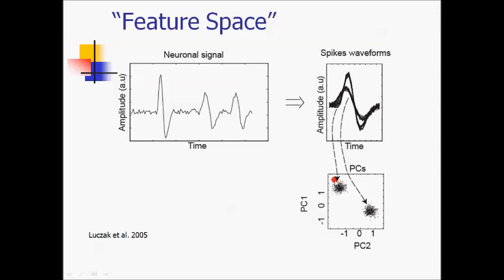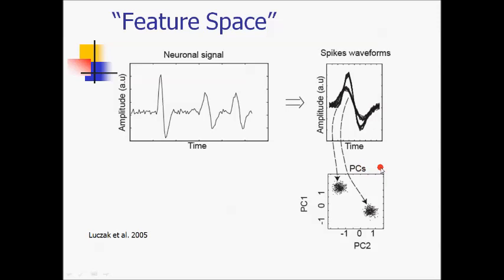So again, each dot in this plot is one spike, and on this axis you can think of the amplitude of this part of the spike, on this axis the amplitude of this part of the spike. If spikes have different shapes, you would start seeing that they fall in different places in this space.